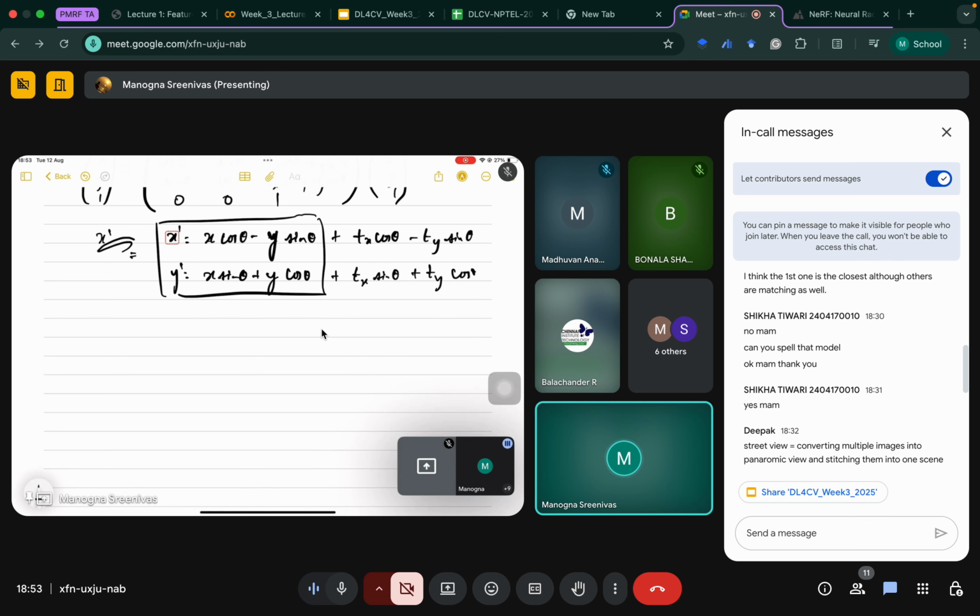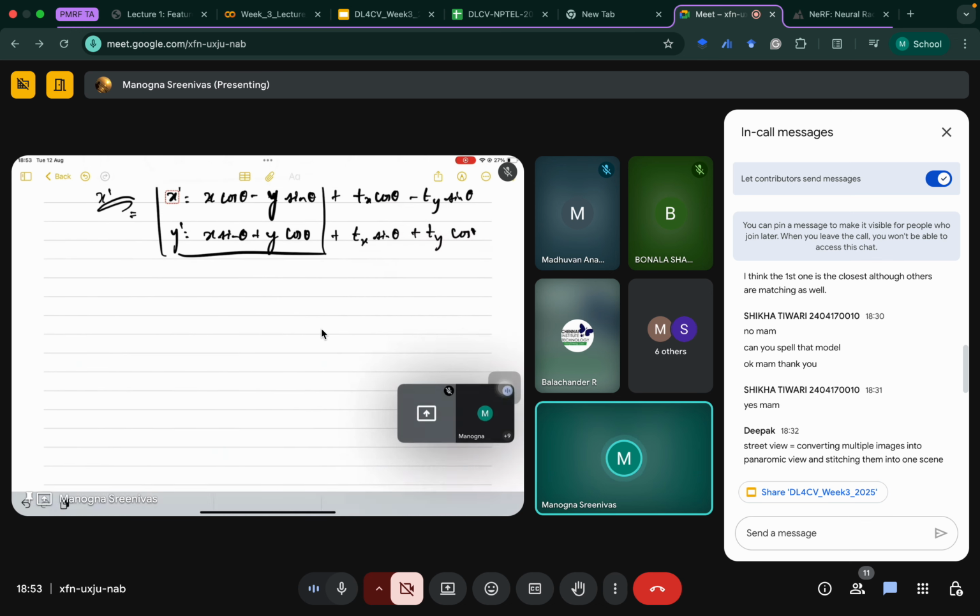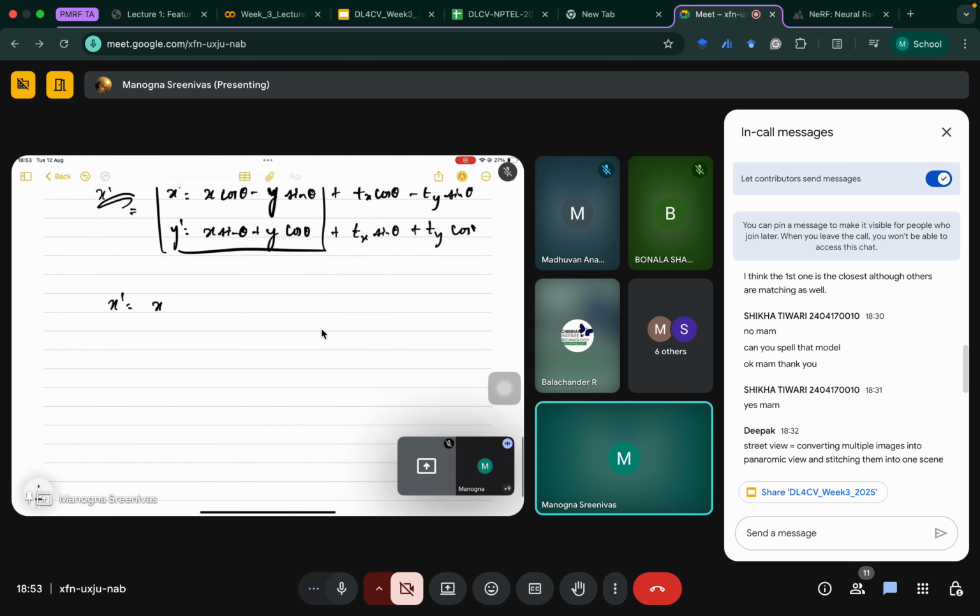So I first want to rotate it and then translate it by tx. What I am actually expecting is x cos theta minus y sin theta. So I've got the rotated coordinates and then I want to translate it by tx. So x prime is the rotated x coordinate plus tx.